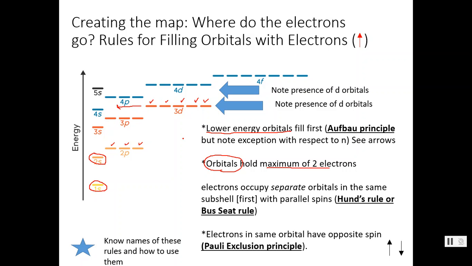Okay? So all of that is to say that orbitals, regardless if it's an s, p, d, or f, each orbital can only hold a maximum of 2 electrons.